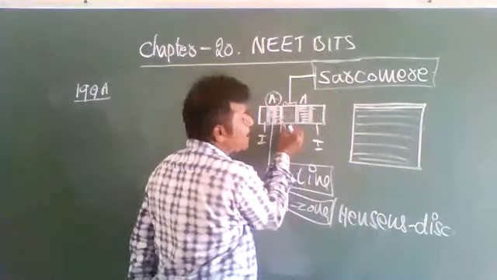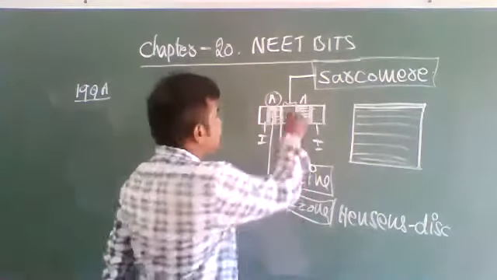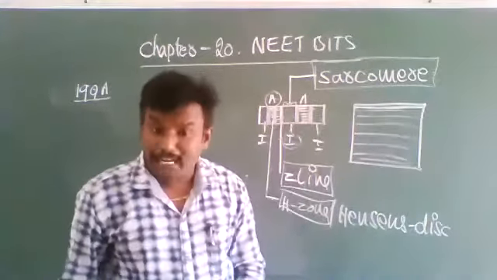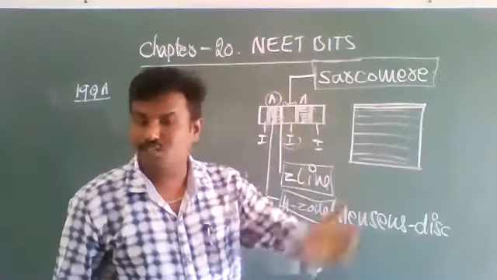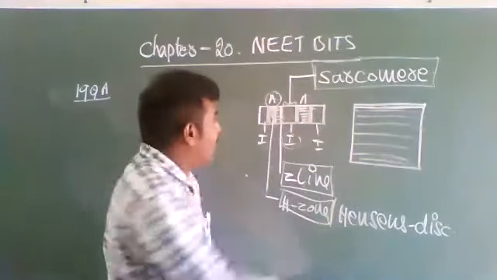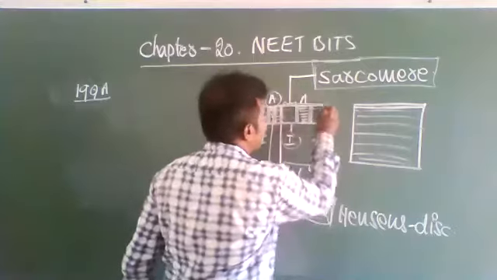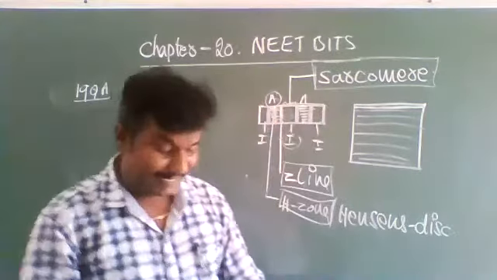Within the center of the I band there is a lighter area. The sarcomere is the structural and functional contractile unit of the myofibril. Okay, just now I said that.